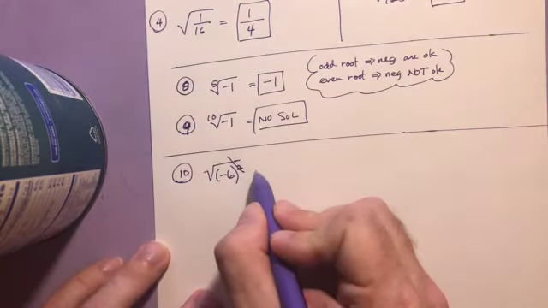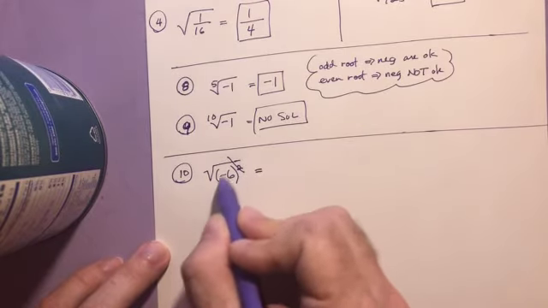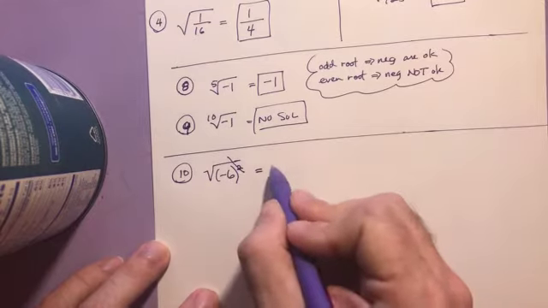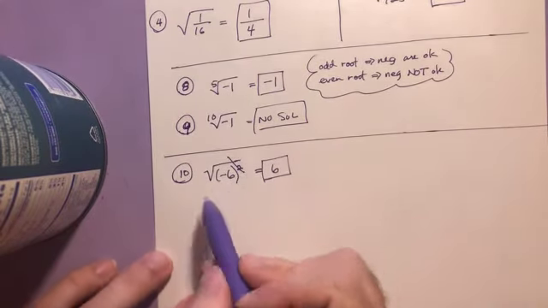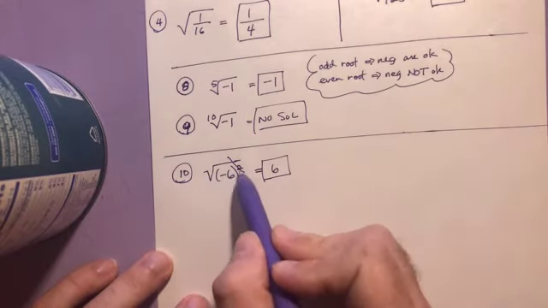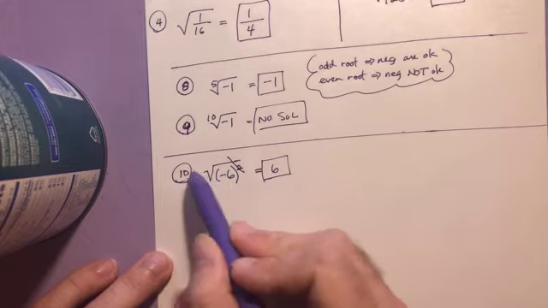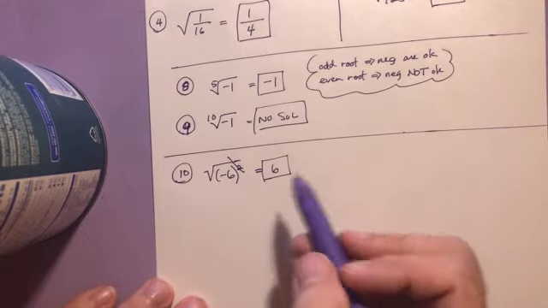But you can't have a negative answer because -6 squared is 36, positive 36, and the square root of positive 36 is 6. So it's not really that they're canceling, it's that you're doing one and then the other. Does that make sense? So -6 squared is positive 36, and then you're taking the square root of positive 36 to give you positive 6.